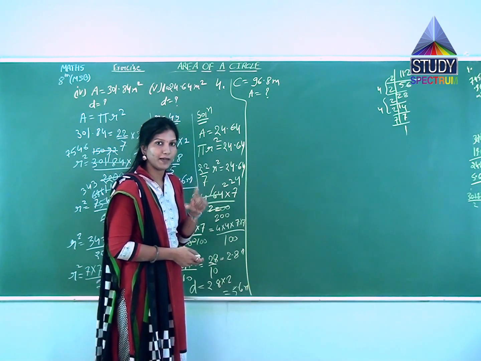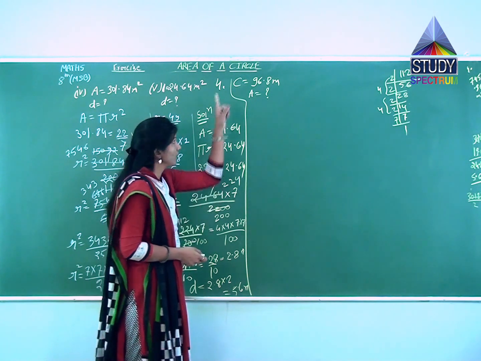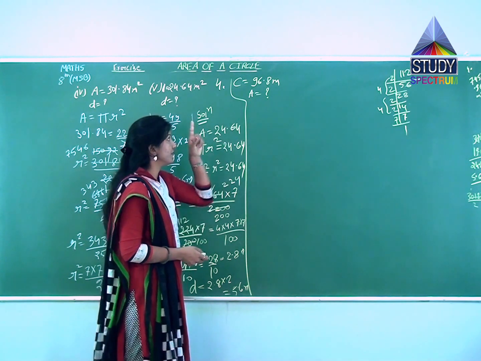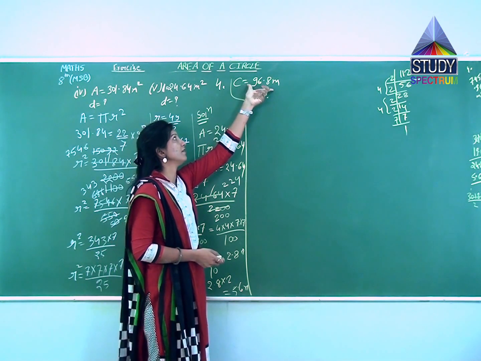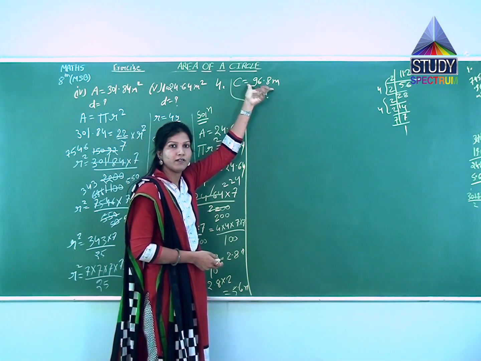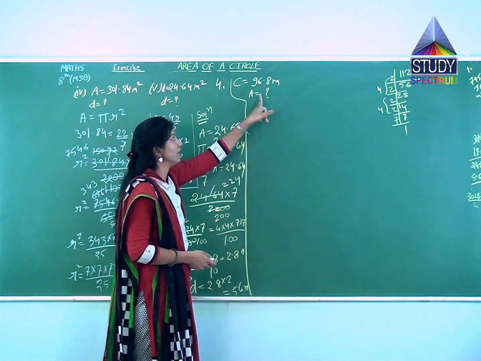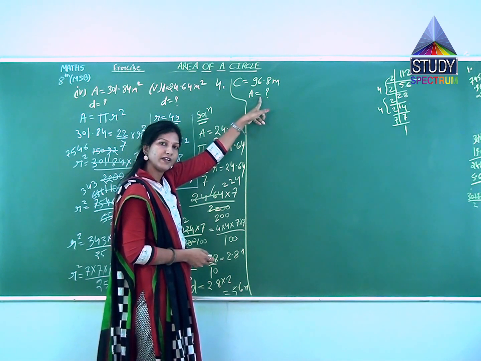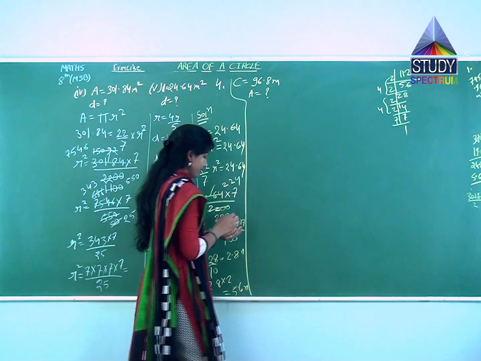We will apply the formula for circumference, because the value of circumference is given. With this we will find the value of radius, and after putting that value in the formula of area we will find our required value for the area. Let's do this.